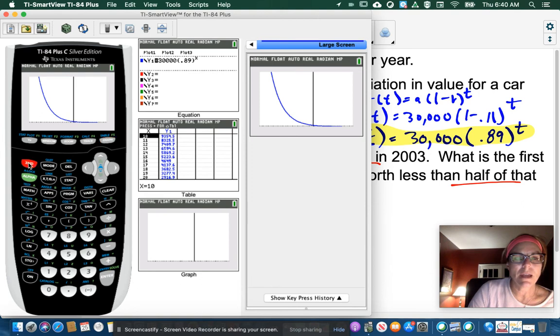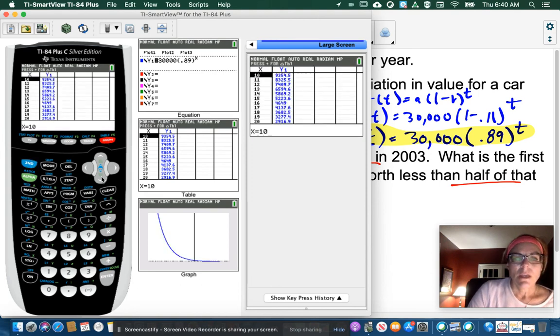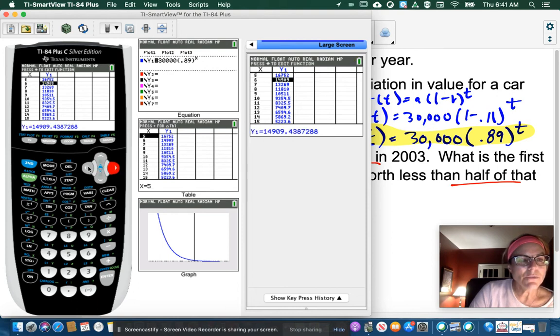I'm good with that. I'm going to go right to second graph because I want my table. And let's see, 15,000 is what we're looking for. All right, so we can't use X equals 5 because that's 16,000, but we can use X equals 6, 14,909.